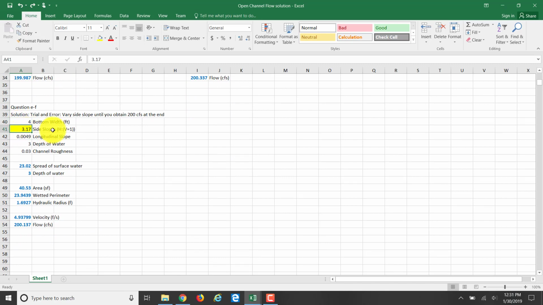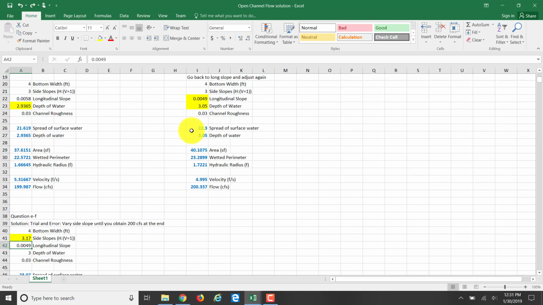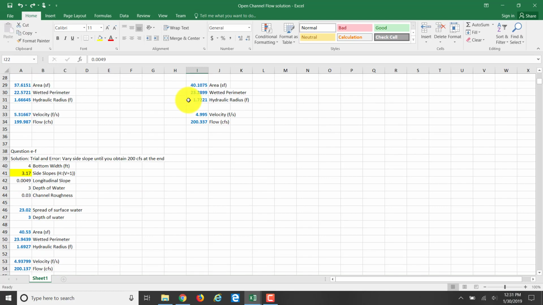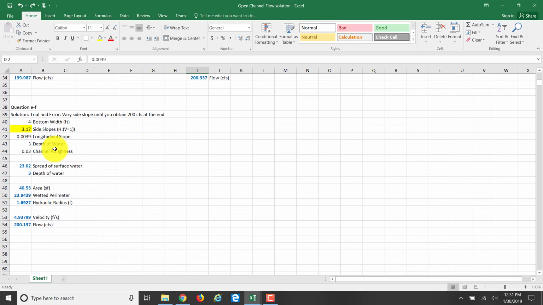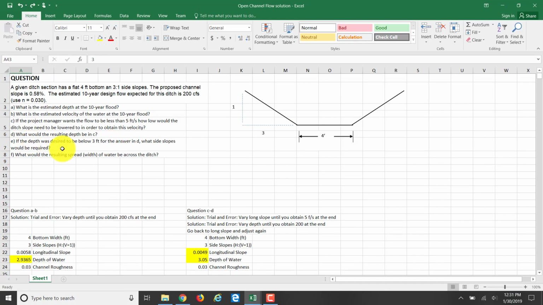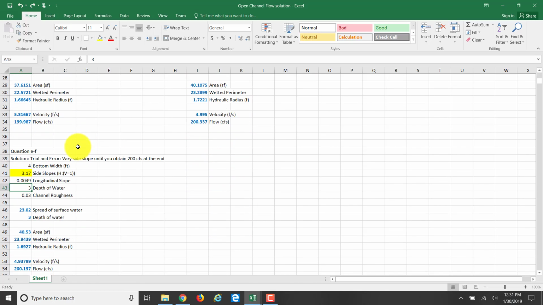Now I'm going to be varying my side slopes. I leave my longitudinal slope as a 0.0049 that I got from the answer in C and D. My depth of my water I'm leaving at 3 because over here it says that I want it to be below 3 feet.